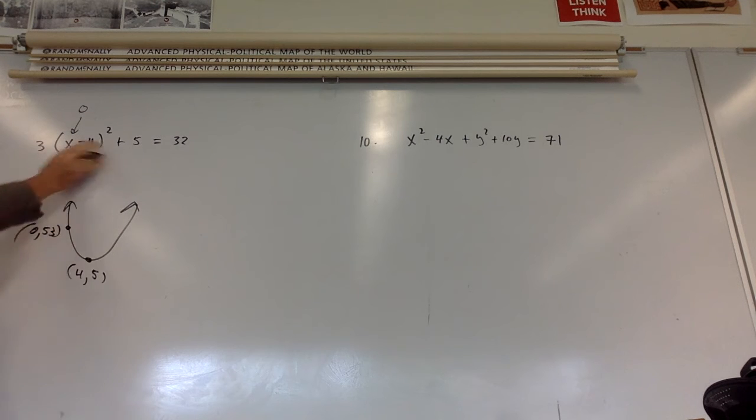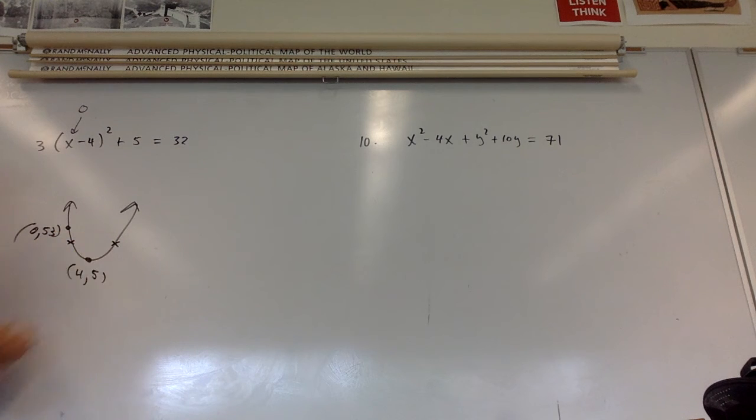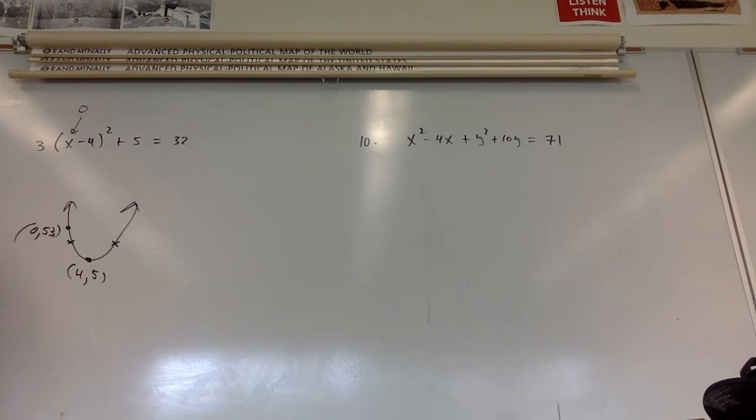That's what this graph is on the left. I'm not looking for 53. I'm looking for what x values get me 32. All right? Looks like some x between 0 and 4, and therefore probably something between 4 and 8. You get two answers like that. How can I get them quickly?